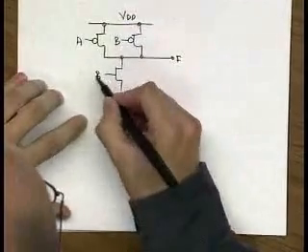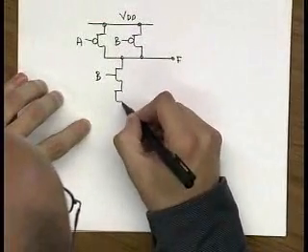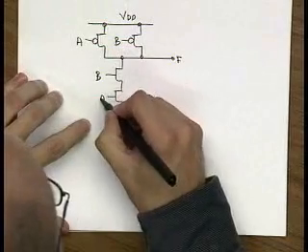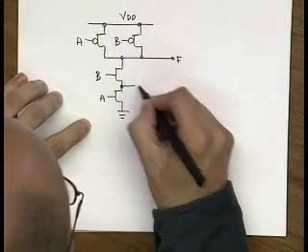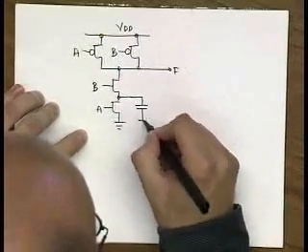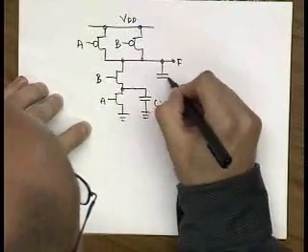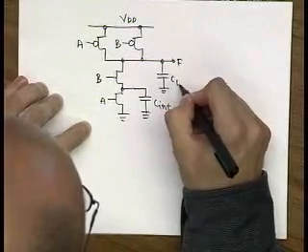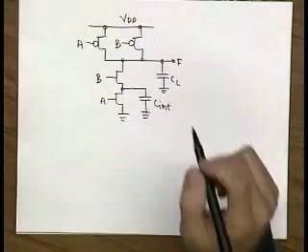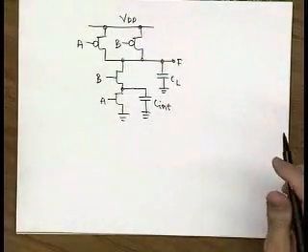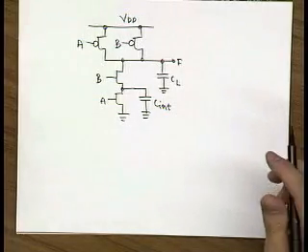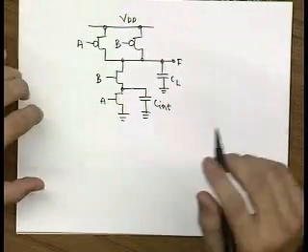This would be my B device and A device. C load. Okay, so we have a couple conditions to analyze over here.